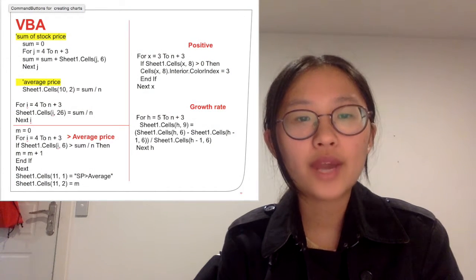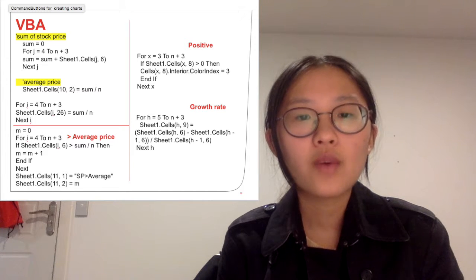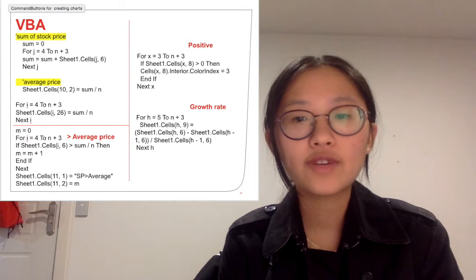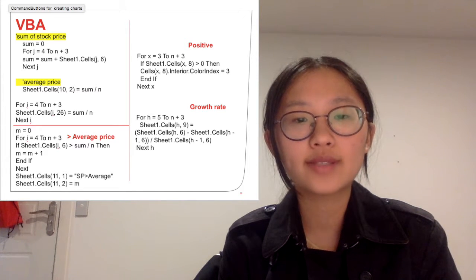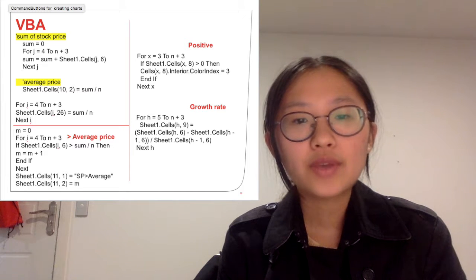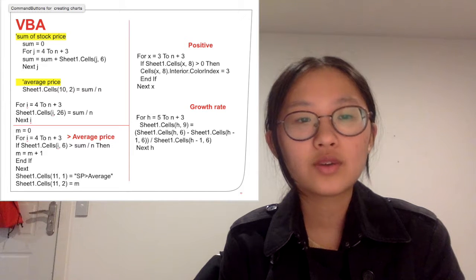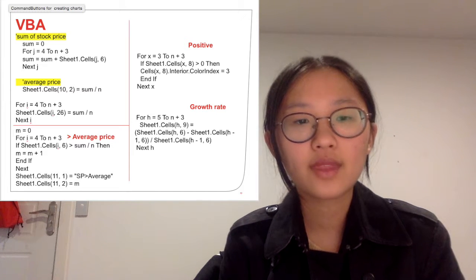This is our creation part. First, we want to calculate the average stock price. So we first write the code to get the sum of stock price. And then we use it to calculate average price by dividing the total by the numbers.